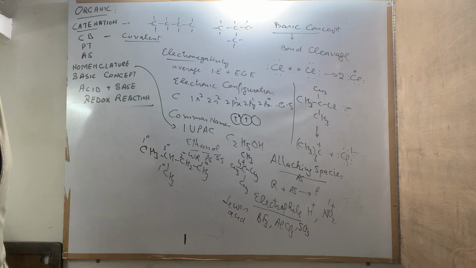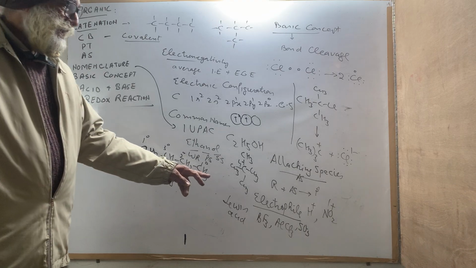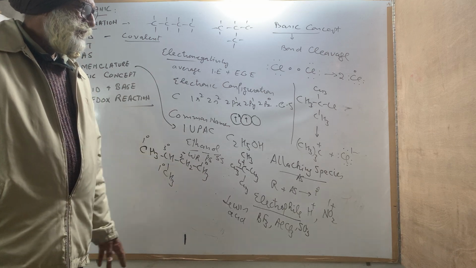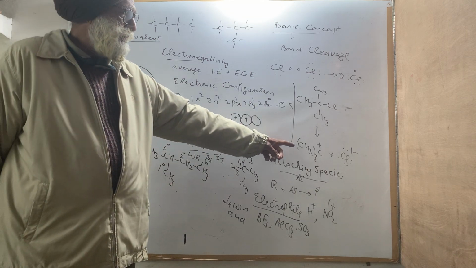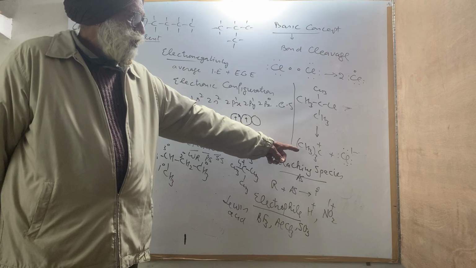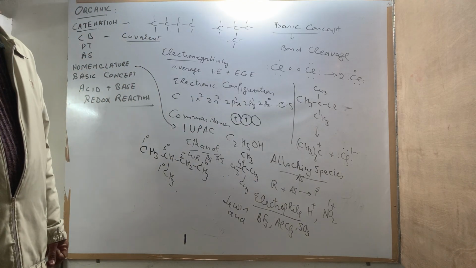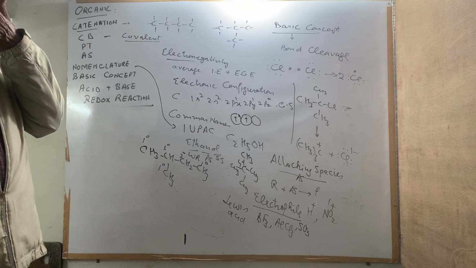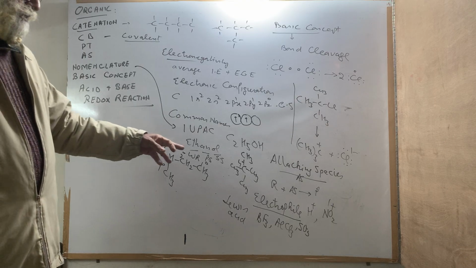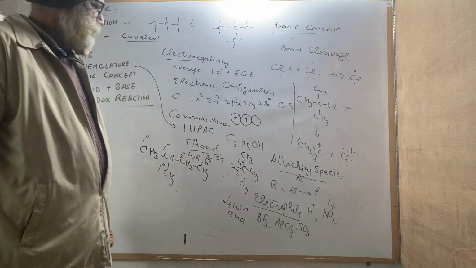So an electrophile may be positively charged or it may be a molecule having electron deficiency. So this is Lewis acid. For example, here carbon is carrying positive charge, so this is also an electrophile. This is known as carbocation, which is a reaction intermediate. Here we are saying it is an electrophile.